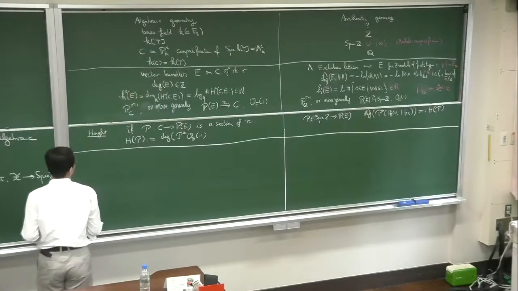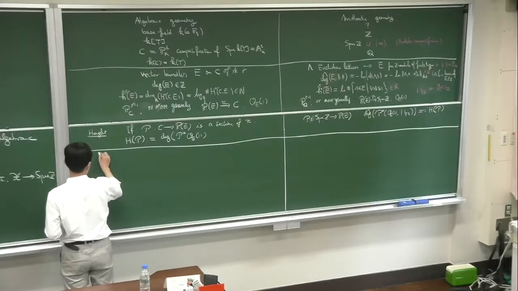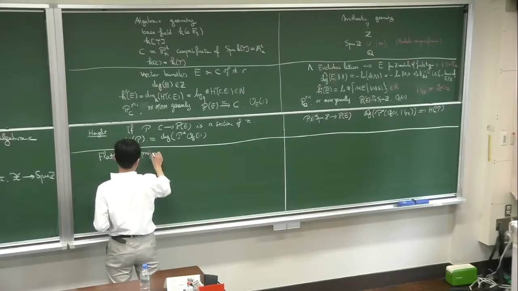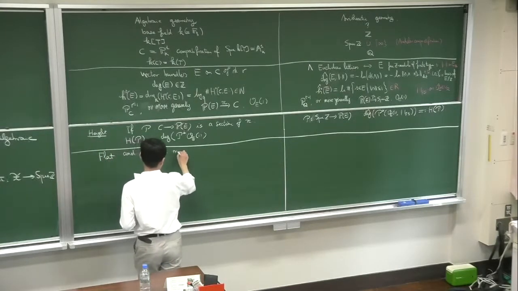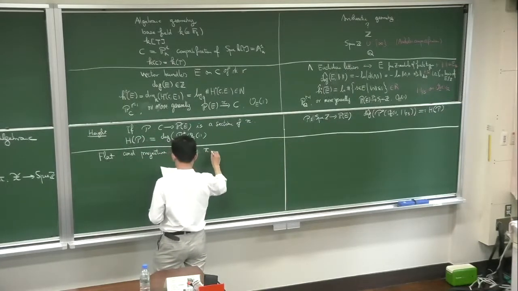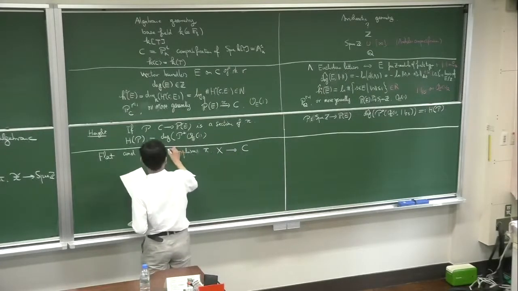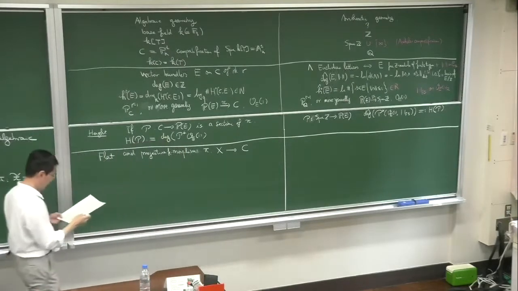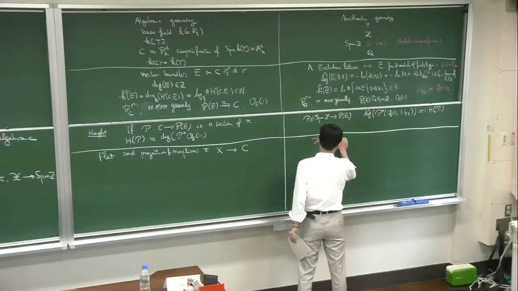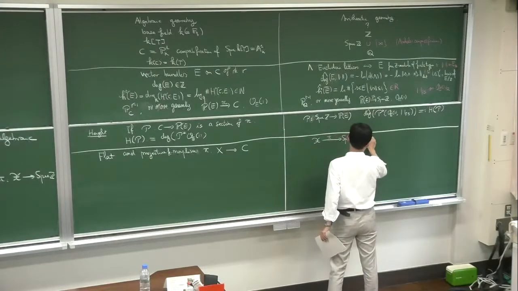And finally, for a general variety, you just consider a flat projective morphism pi from some scheme X to C. Maybe I need to write the morphism. And here, as you know, these are projective varieties, so projective arithmetic varieties.